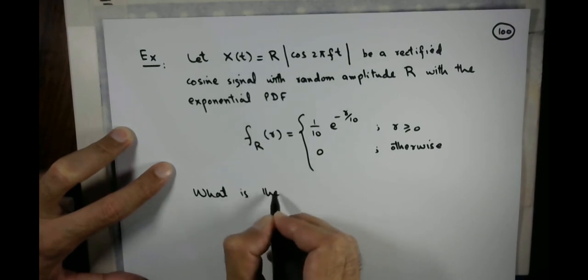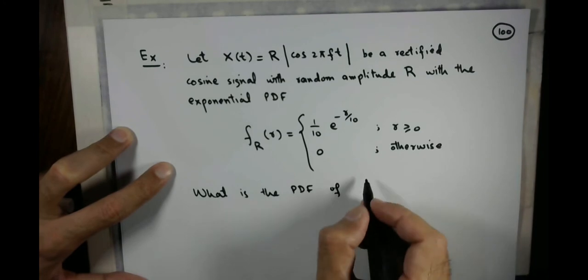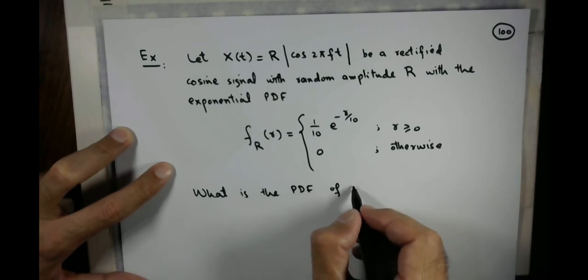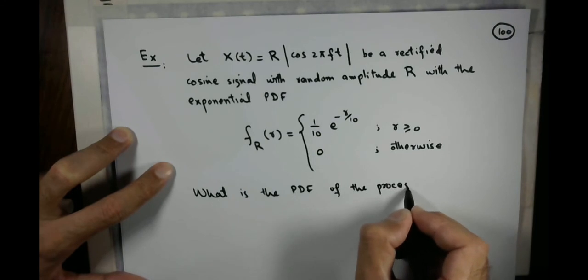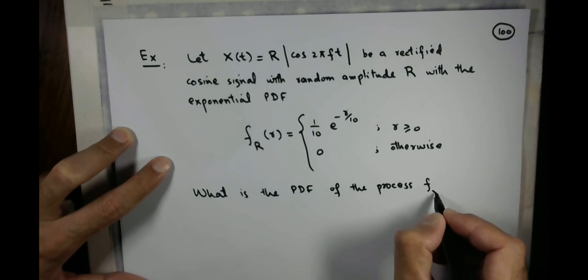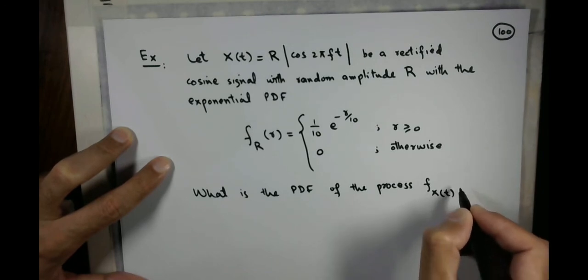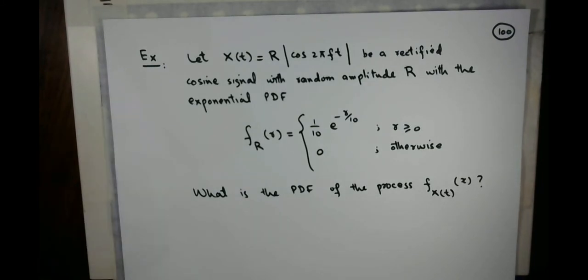What is the PDF of the process, which means the PDF p sub X of t of x? So it is important to understand the notations here.